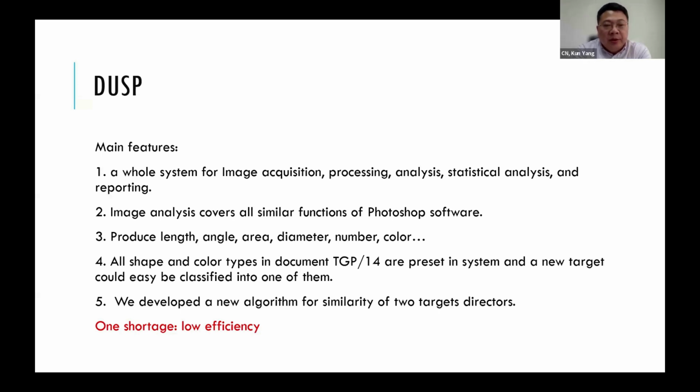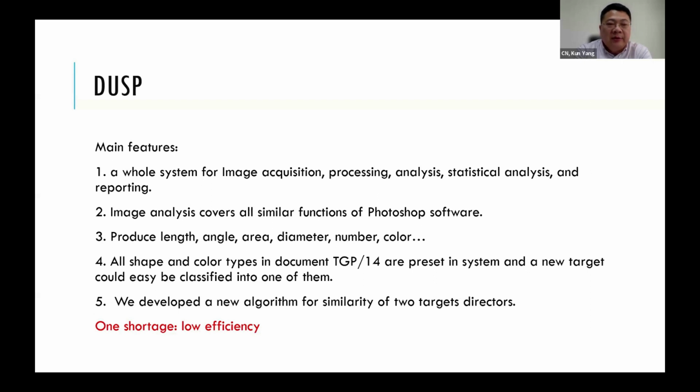And we revised something for our own needs. We put all the shape and color types in TG/14 into this system, and a new variety could be classified into one of them. And we also developed a new algorithm for similarity of two varieties directly.